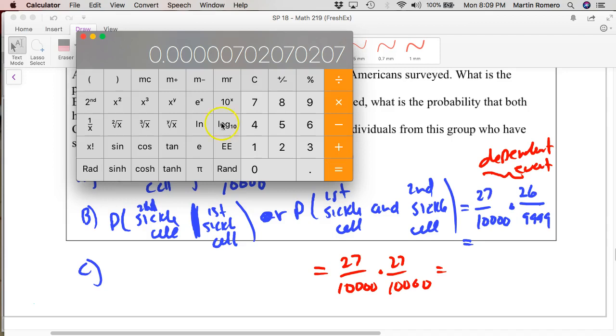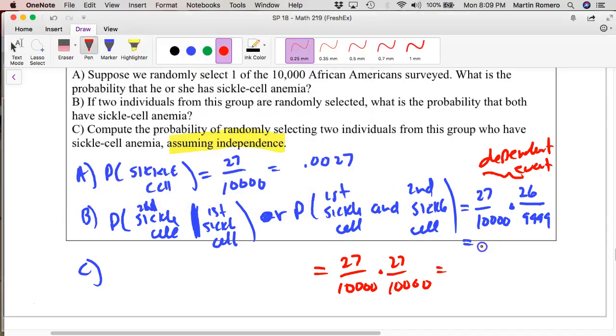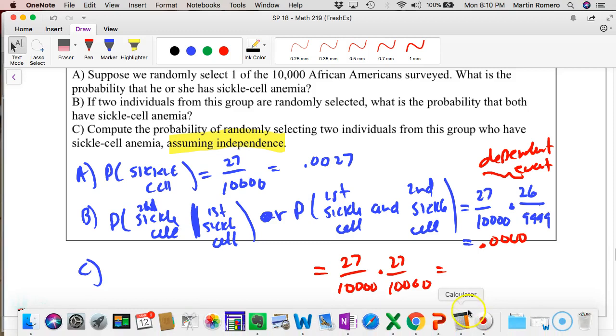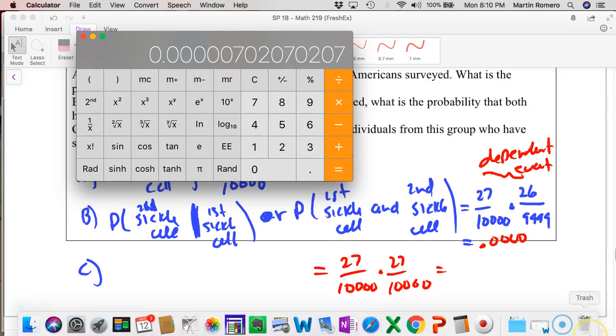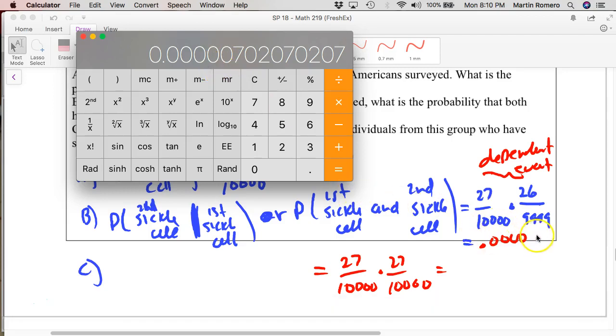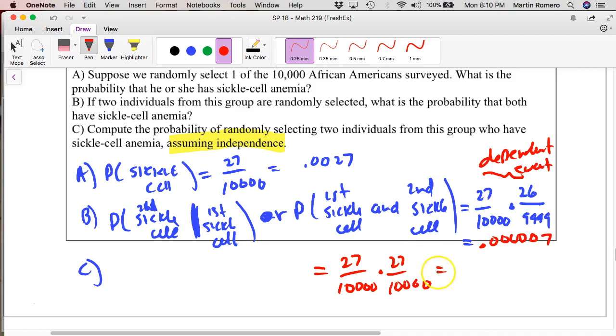And so then you end up with this number that's 0.0000, that's 5 zeros and then a 7. And then if we do assuming independence, this is the math we do there.